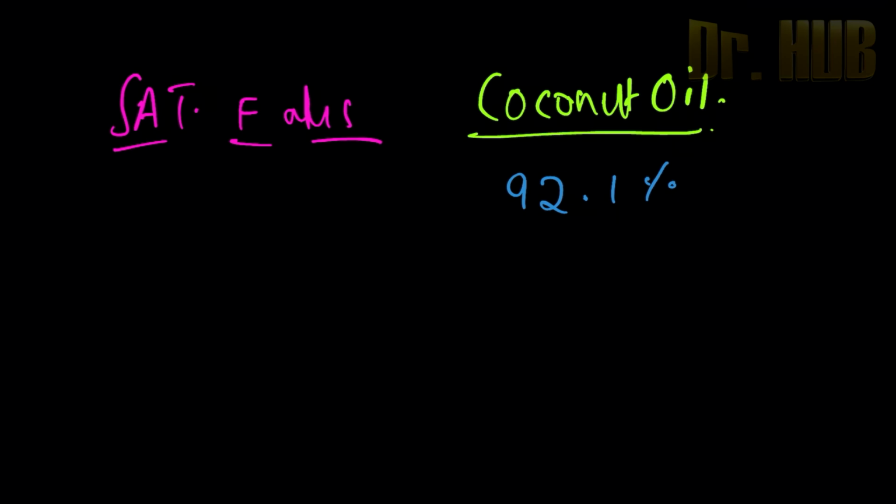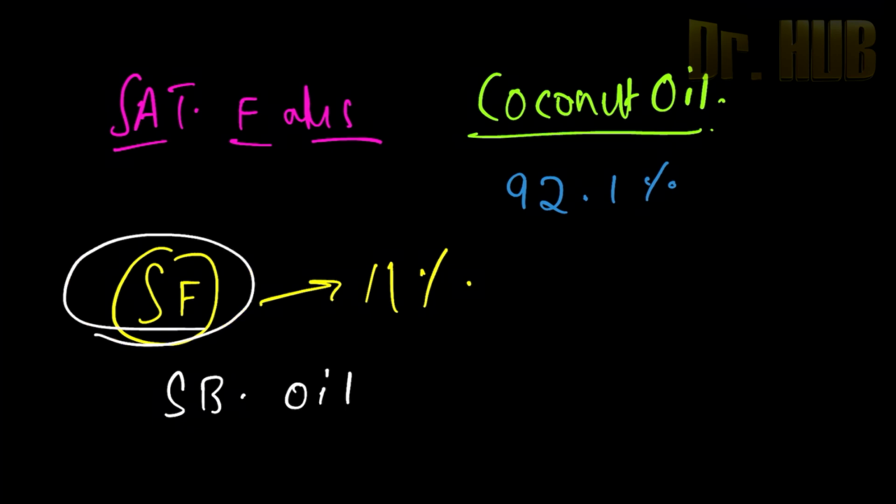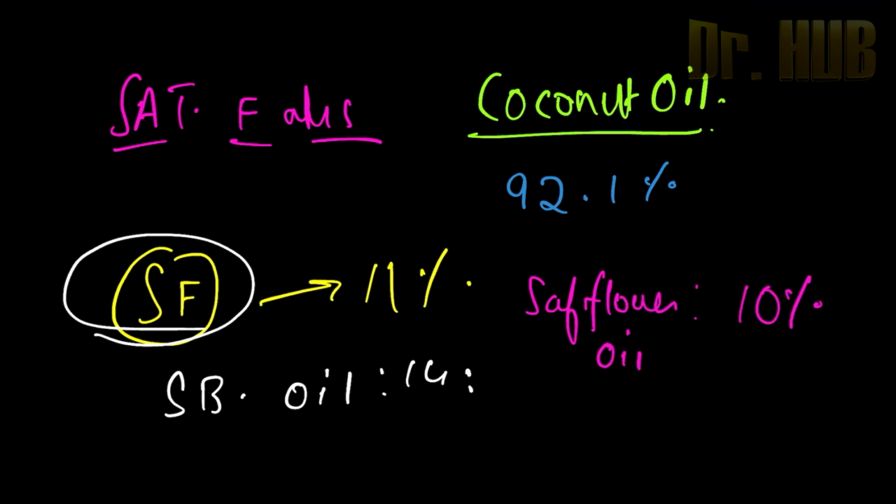Next, in case of the sunflower oil, it is about 11%. Then soya bean oil will be about 14%. Then comes the safflower oil, which will be about 10% of saturated fatty acids.